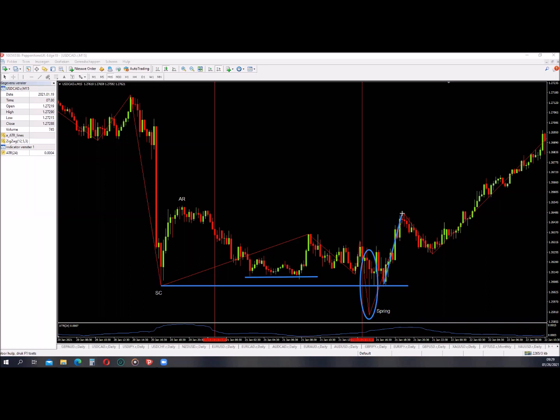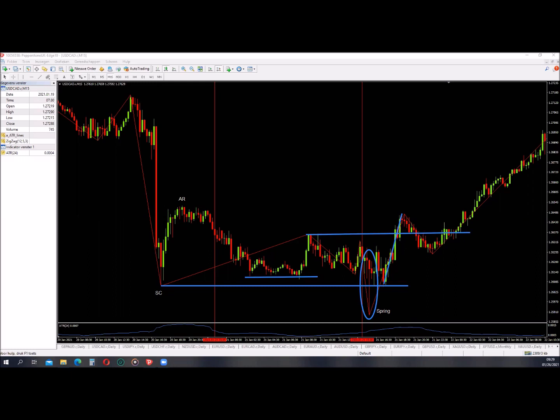Look at this strong move to the upside after the false breakout of the low. It's very strong. It's very telling. And then it's time to search for an entry, and my entry is always at the breakout. Some people wait for a retest, I don't.